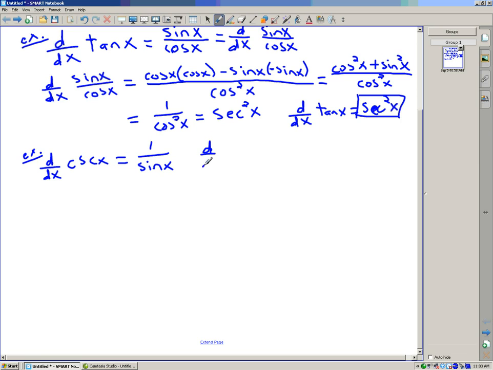So we're going to have the derivative of a quotient, and we're going to apply the quotient rule. More practice. So we've got the bottom times the derivative of the top. The derivative of 1, of course, is 0. Minus the top times the derivative of the bottom. And that's all over the bottom squared.